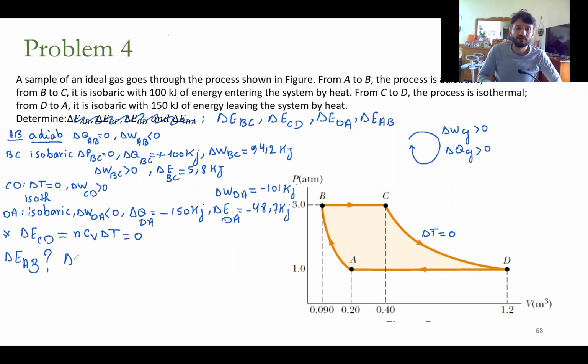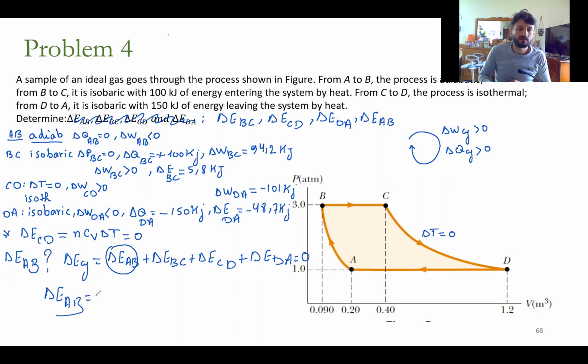In the case of the cycle, delta E of the cycle equals the summation of delta E AB plus delta E BC plus delta E CD plus delta E DA, equals 0. So delta E AB equals minus delta E BC minus delta E CD minus delta E DA.